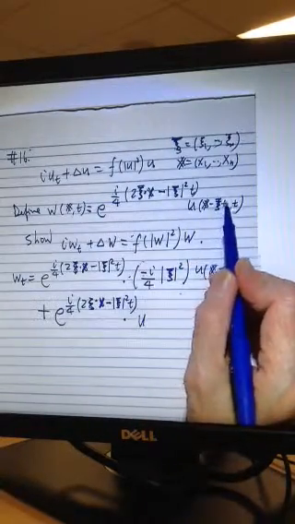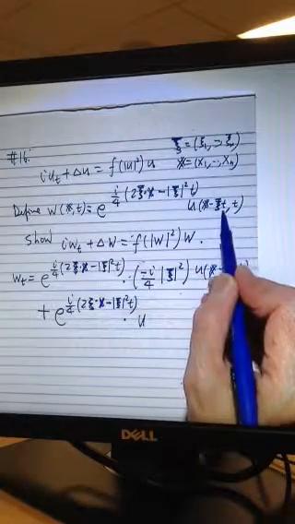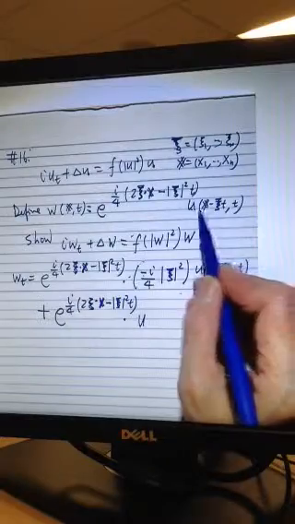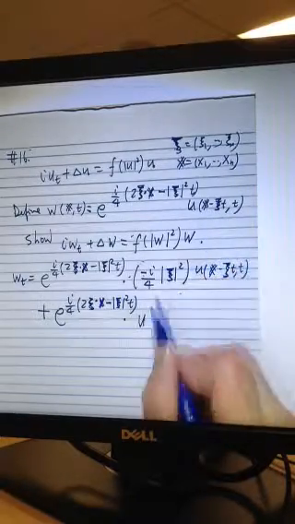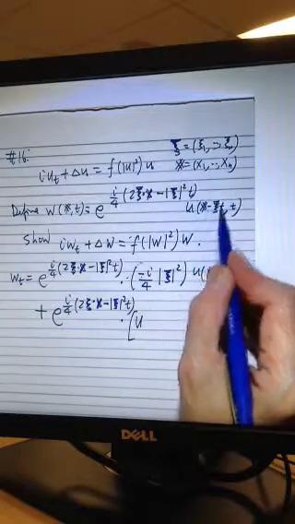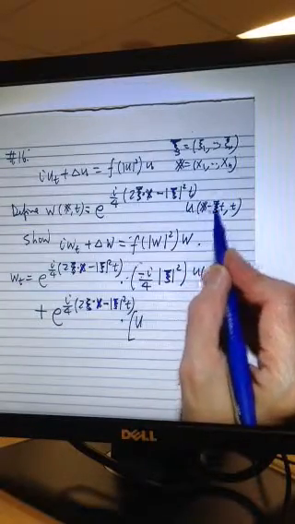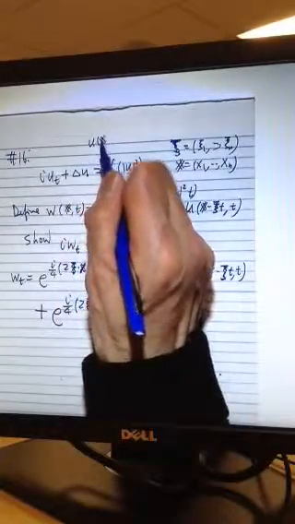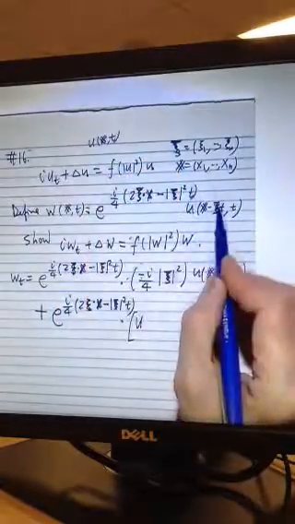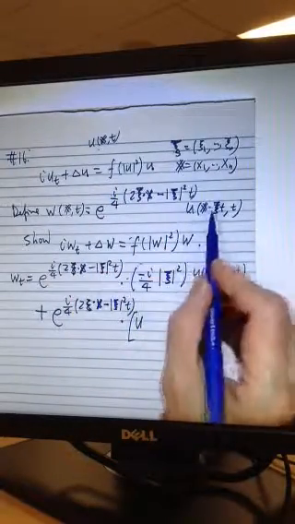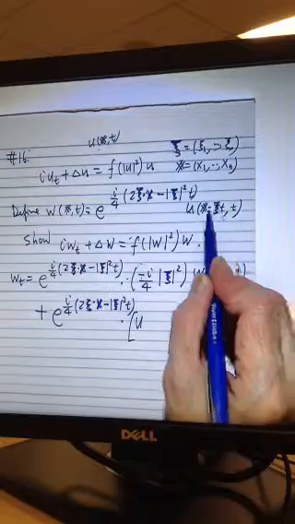Now in u, the first argument has t and the second argument has t, so I use the chain rule. I differentiate on the first coordinate.